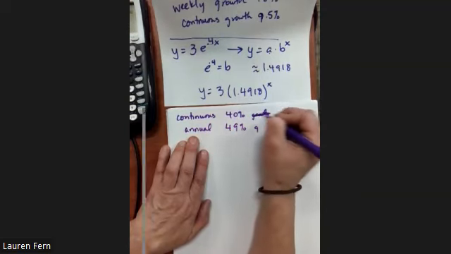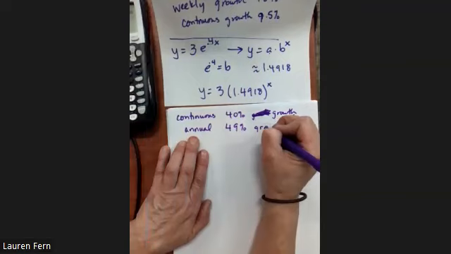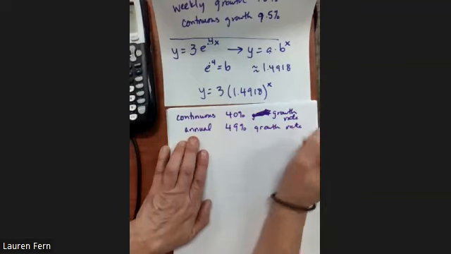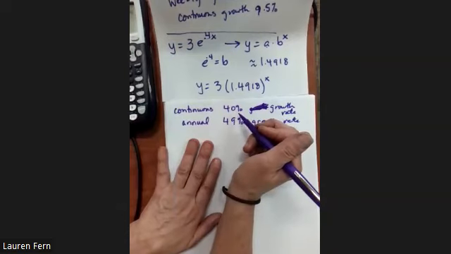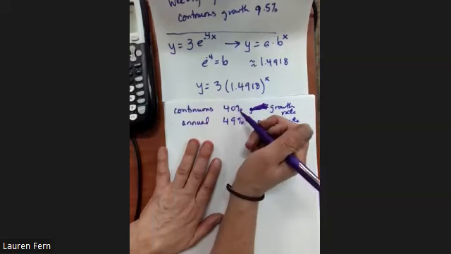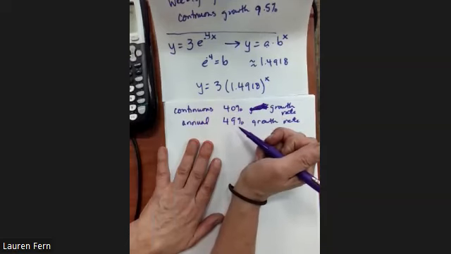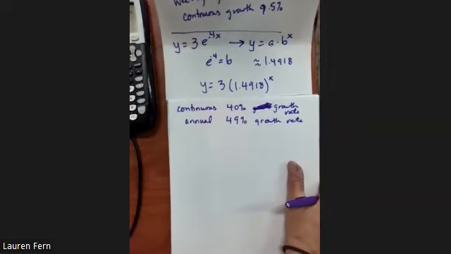Great growth rate. So notice when you want to get equivalencies, the continuous is always going to be less than the weekly, daily, or annually, just simply because you're trying to maintain that balance.